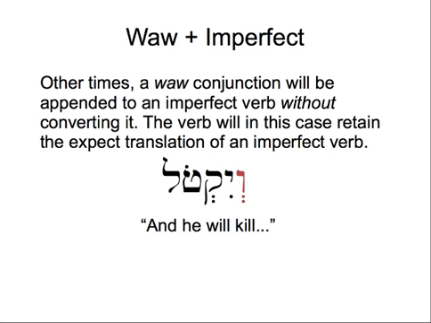If it lacks the dagesh forte and it lacks that patach, if it's just a regular Waw conjunction added onto the imperfect without those additional little features, it's just a Waw plus imperfect. So in this case, "and he will kill." It's retaining that future tense because this is not a Waw converted, this is not a Waw consecutive, this is just a Waw plus imperfect.